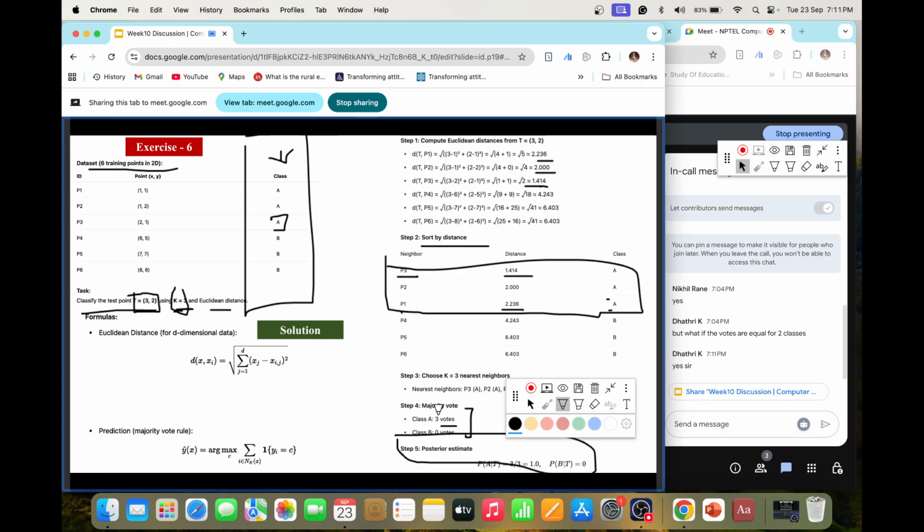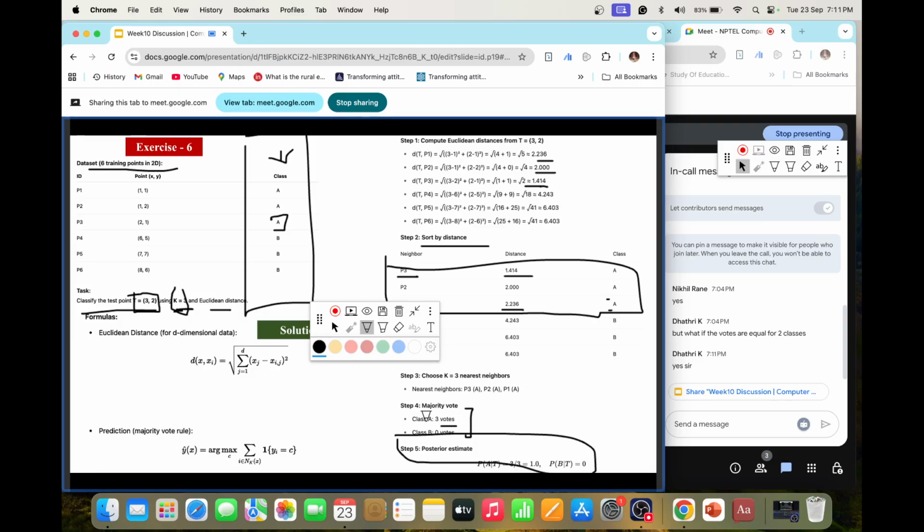Mostly we choose K as odd, like 3, 5, 7, 9, 11, like this. If we choose K as odd, then we will not have the same value for each class. So that is why we always choose K odd in our KNN classification method. If we choose K as odd, then that same number of voting problem will not occur.